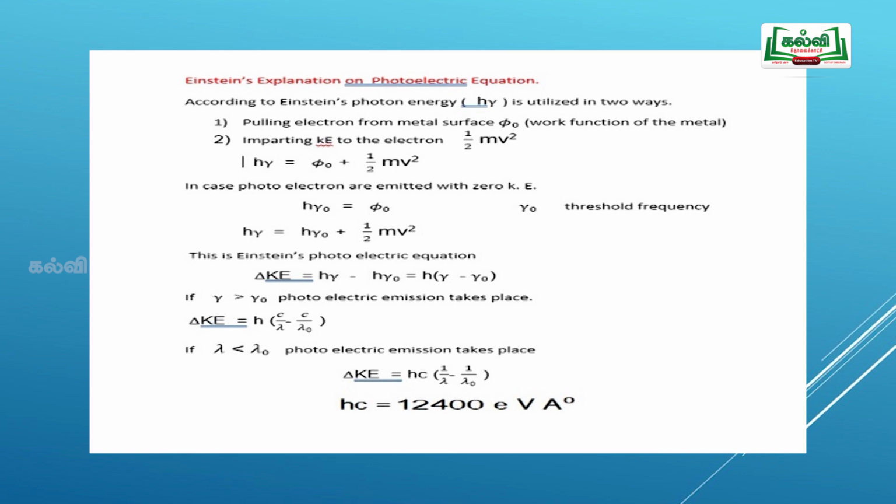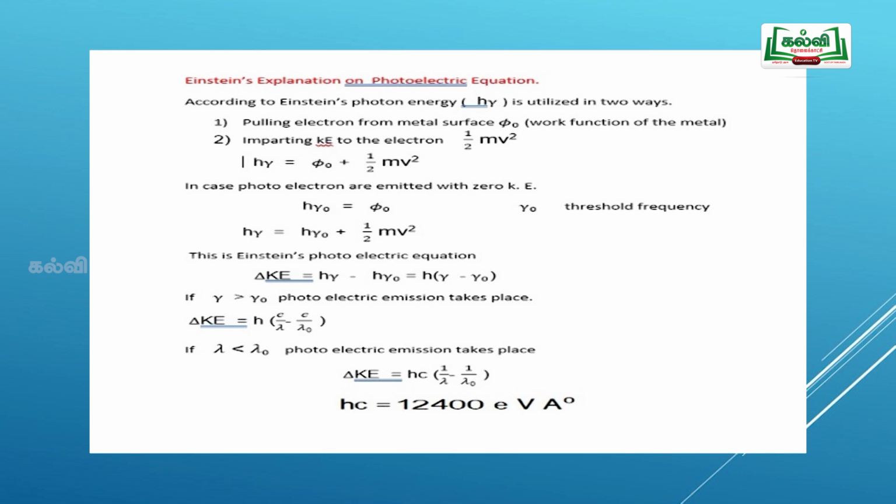This is Einstein's photoelectric equation. Now, when you rearrange this equation, kinetic energy max equals h nu minus h nu naught. Take the h out from this equation, we will get h times nu minus nu naught.